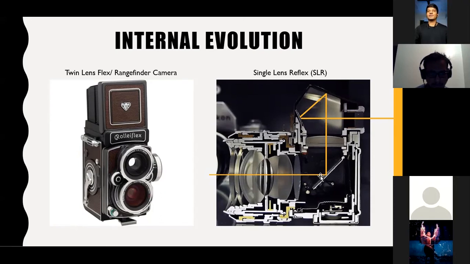This mirror would reflect light into a prism. This thing over here that I'm highlighting with my mouse is a prism that bounced the light, and it came out the viewfinder. The piece that we keep our eye against to see what the camera is seeing was called the viewfinder. So the light would come and they would be able to see what light this lens is letting in.